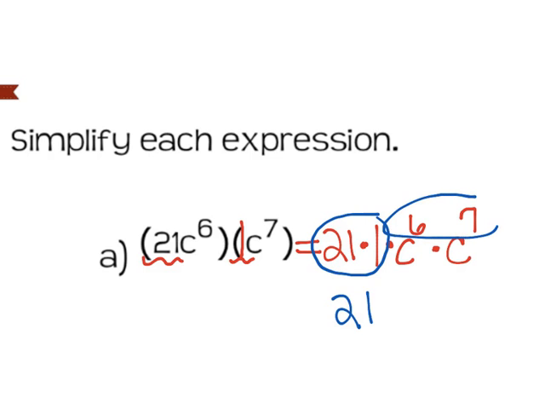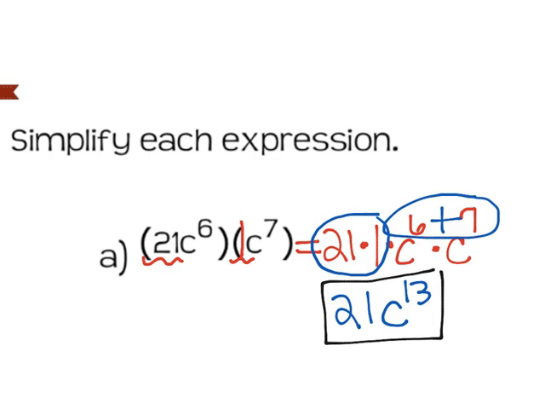And then what are we going to do with the exponents or powers? We're going to add them just like we wrote down. So the base is c, and 6 plus 7 is 13. This is the final answer to simplify this expression.